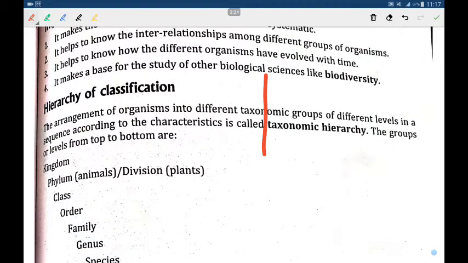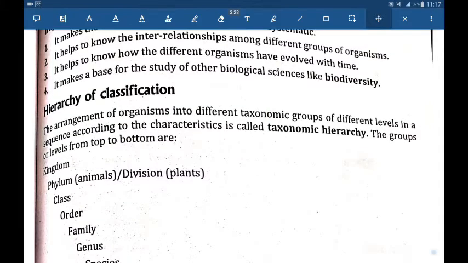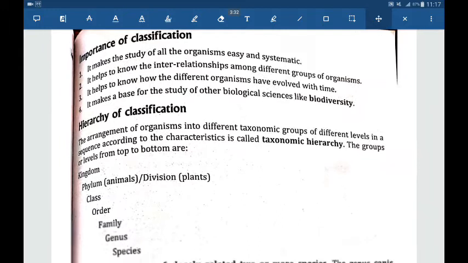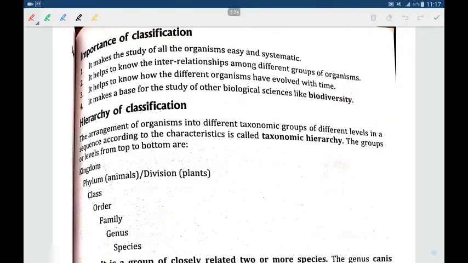Now students, the importance of classification. Number 1, it makes the study of organisms easy and systematic. We can read, no problem at all, isn't it? Why? They are kept in different groups and subgroups.